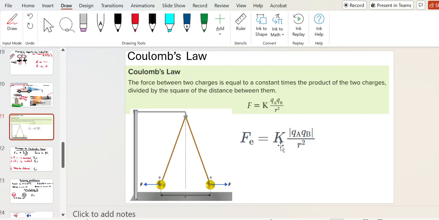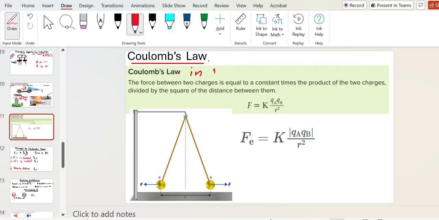Let's come to Coulomb's law. This is the last part. Remember, there's one question which we have to solve using Coulomb's law. This is Coulomb's law in words. This equation is Coulomb's law in symbols. What is F?